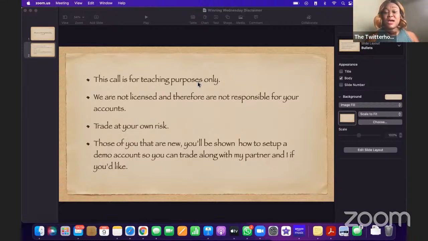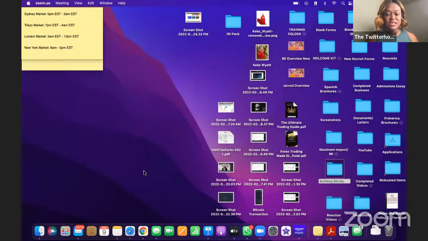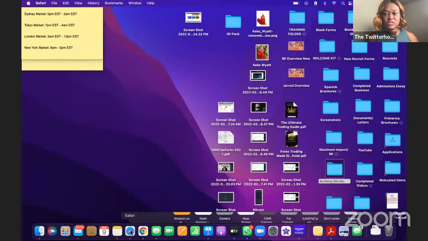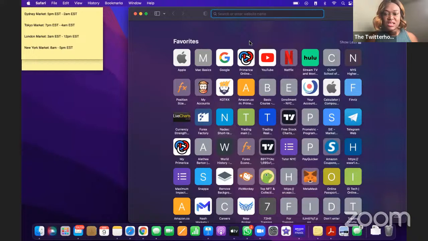Those of you that are new, I'm going to show you how to set up a demo account so you can trade along with us. You can trade with monopoly money, right? So there really is no risk at all for you.